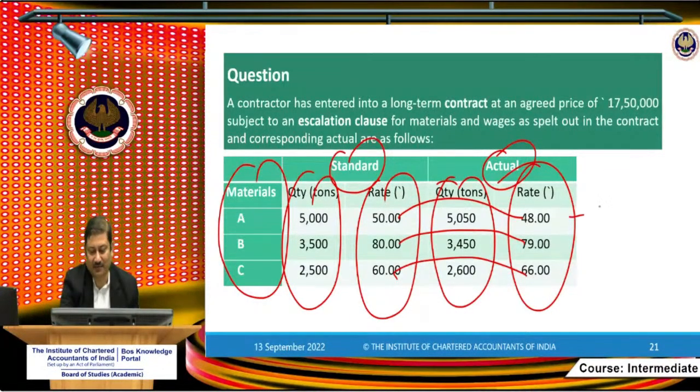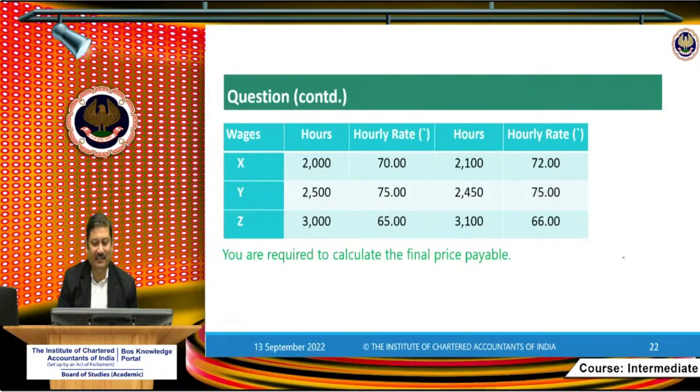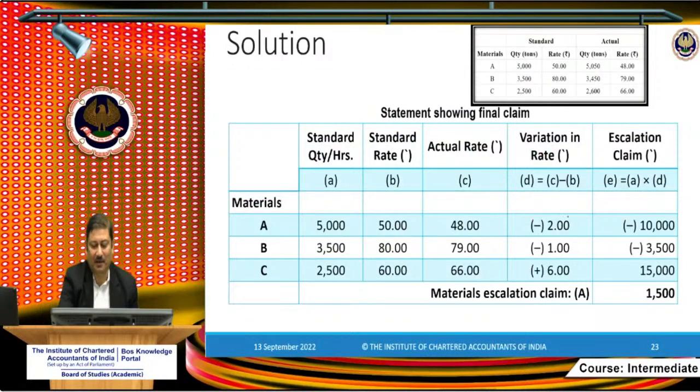So here it is minus 2, here it is minus 1, and here it is 6. Similarly, it is labor also, it is given 2, then there is no change and there is a change of 1. So first we have calculated that minus 2, that is related to material, minus 1 and plus 6.